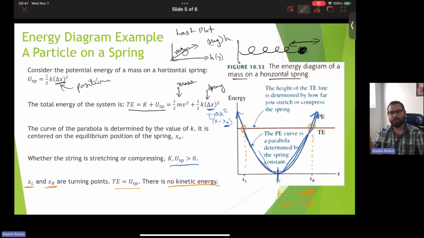So this is our turning point. This is where we have no more kinetic energy to move it further out. That's why we have these two turning points on either side, because the spring can go either way. And I will stress again, this is where there's no kinetic energy, it's all potential energy.